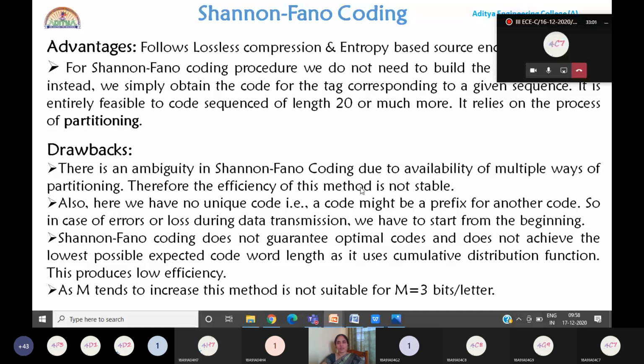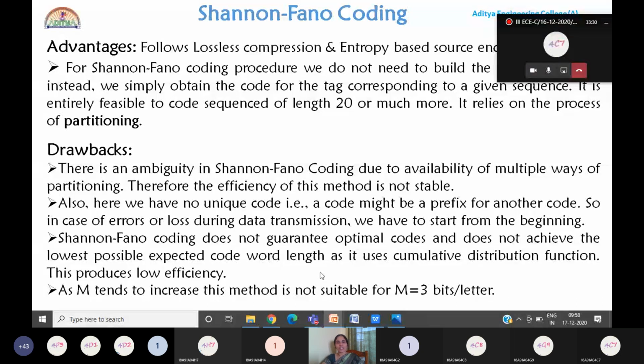Here we have multiple ways of partitioning, so efficiency is not stable. And every time some code word will be the prefix of another code word, so if there is any error or loss, it will be propagated. If there exists any error, we have to verify it from the beginning.